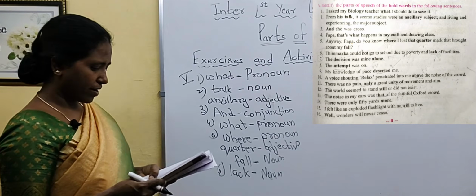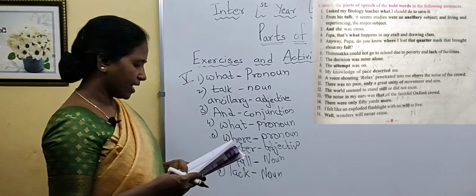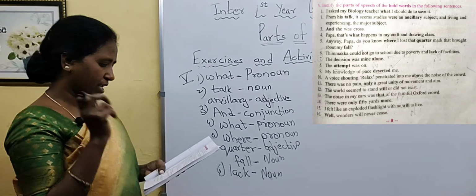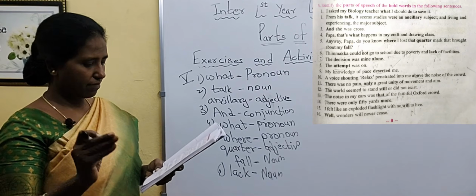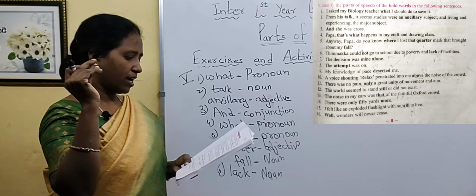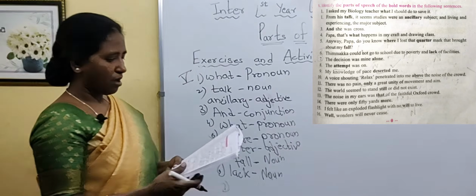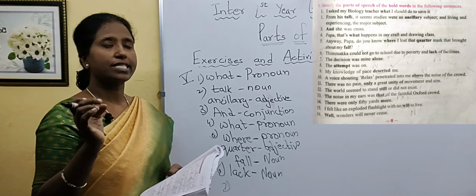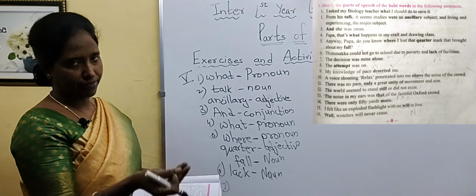Okay, and then the seventh one. The decision was mine alone. Alone is telling about mine. Mine, it is giving an extra assertion about mine. So when alone is used as an adjective, it won't come before, it will come after.